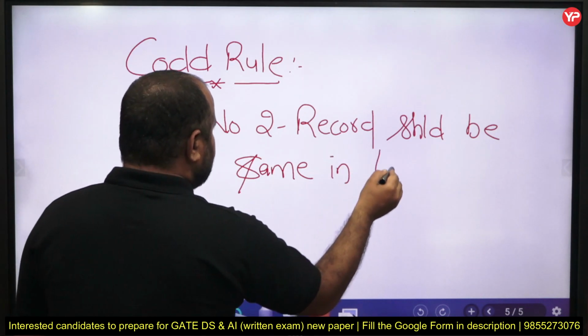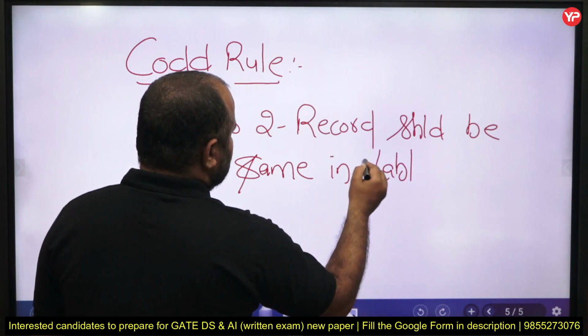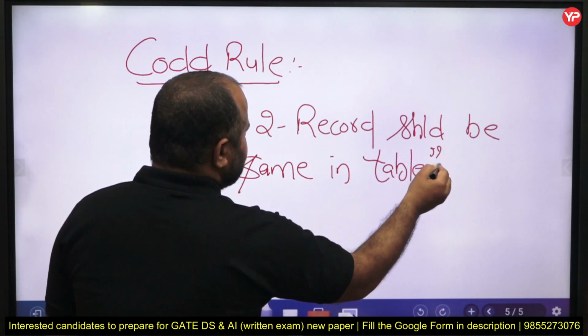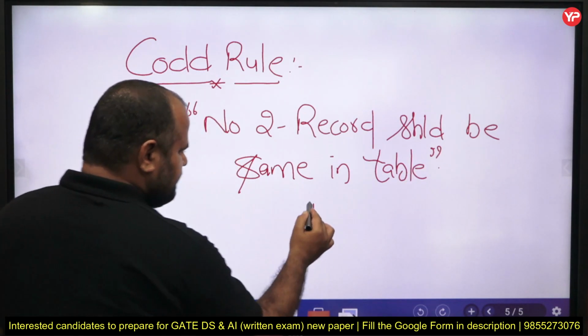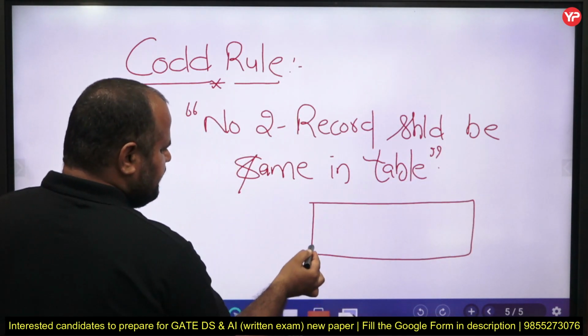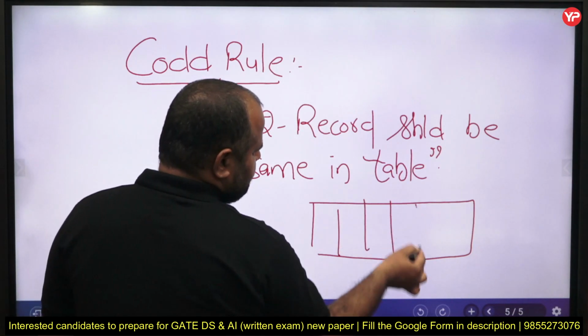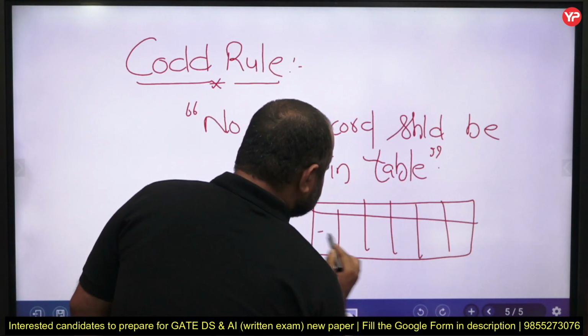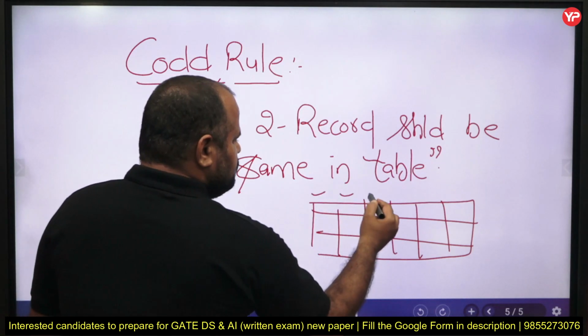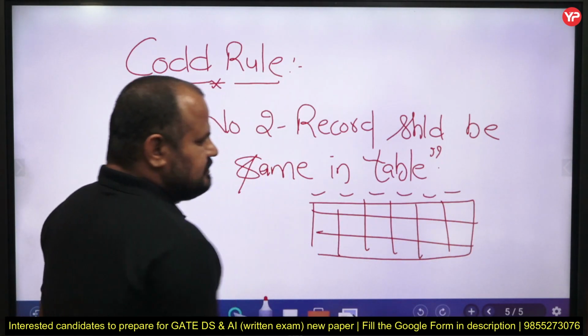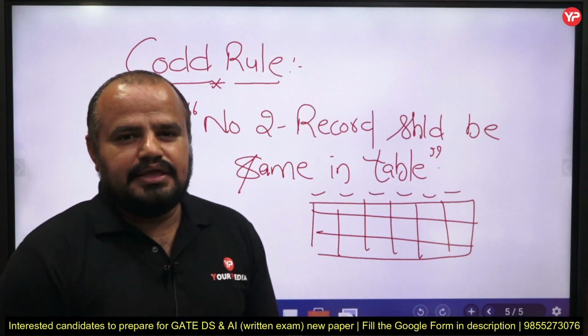Now what do you mean by two records being the same? Suppose I have a table with some columns and some records, say 6 columns, 6 attributes.